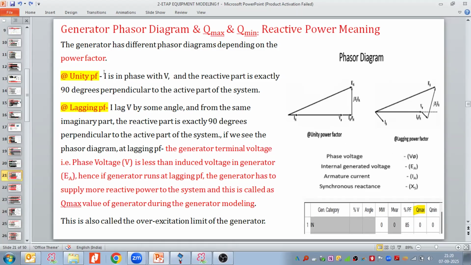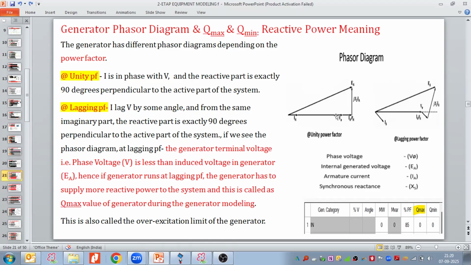So the current and voltage are both in the same phase, and the reactive part is exactly 90 degrees perpendicular to the active part of the system. This is IA RA, the active or real power, and here jIA XS is my synchronous reactance drop, the reactive part, which is at 90 degrees to the active part of the system.